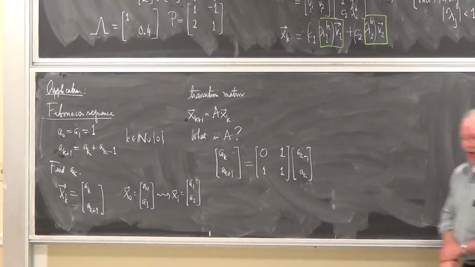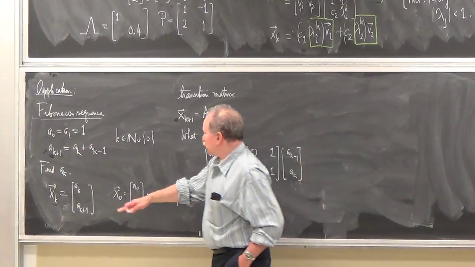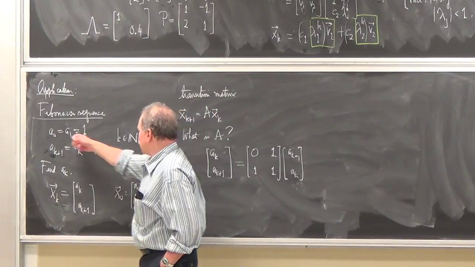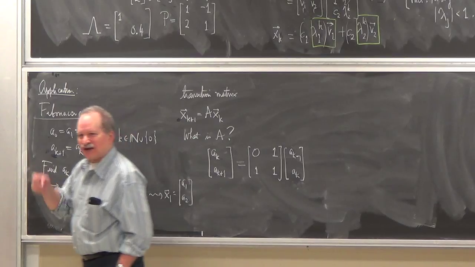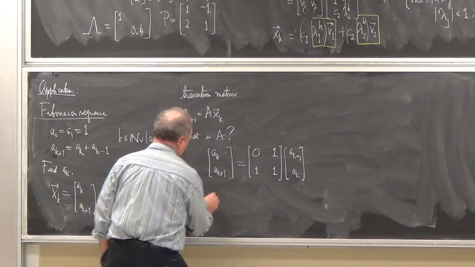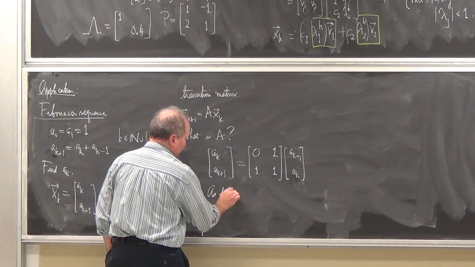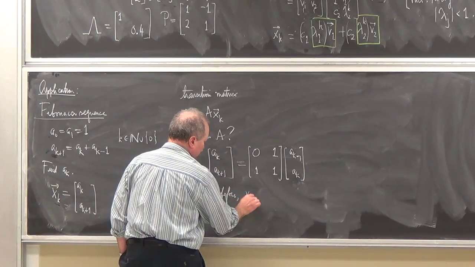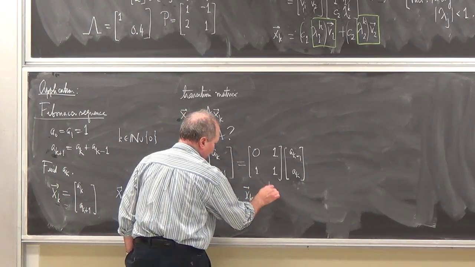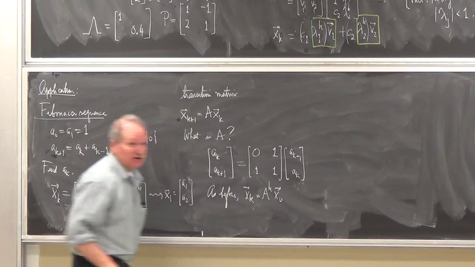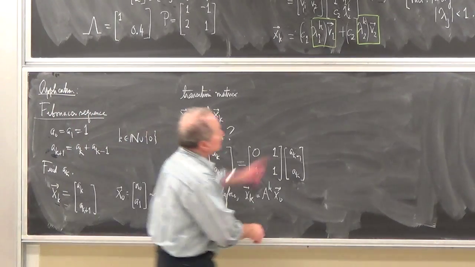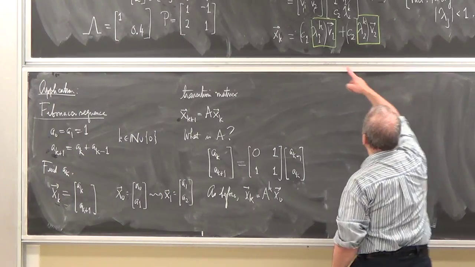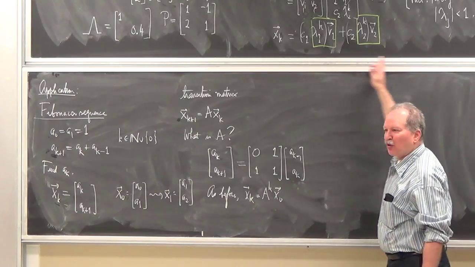And as before, we want to start with an initial condition vector, which we have here, it's 1, 1. And we want to get the kth vector. So as before, x sub k is going to be the kth power of A times the initial vector. I'm not going to go back through all the derivation of this.